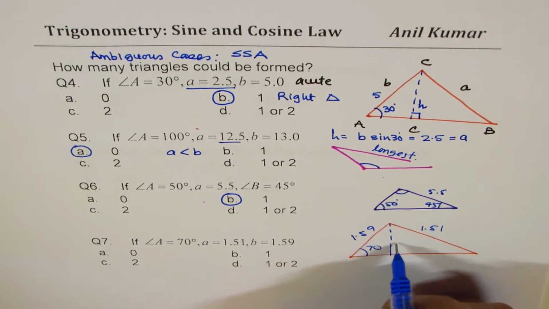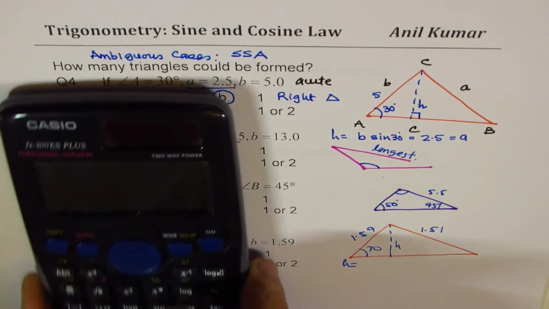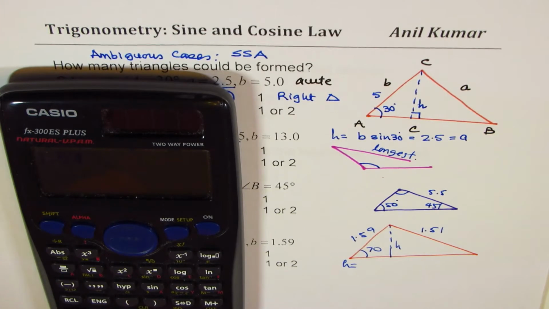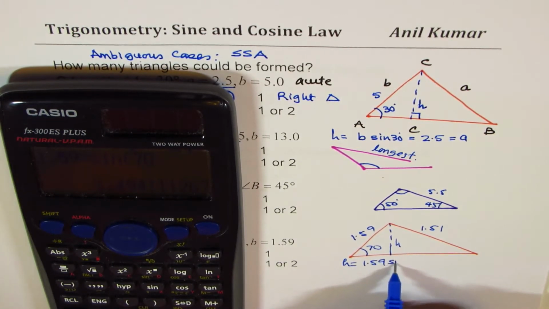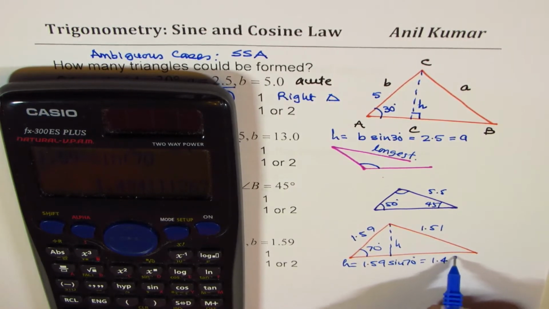So as we did in the first case, let us find what height is. So height is 1.59 times sine of angle 70, which is, let's write down, 1.59 times sine of 70 degrees, which is equals to 1.49.